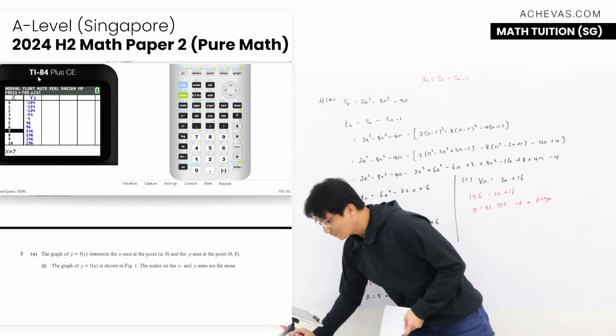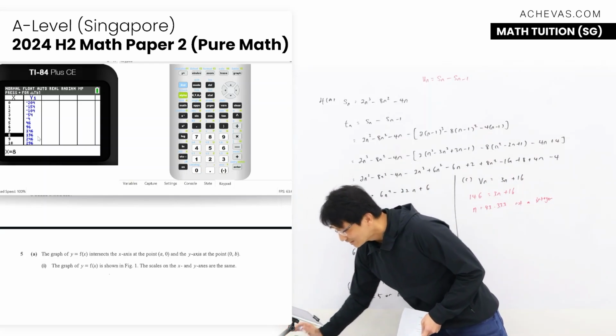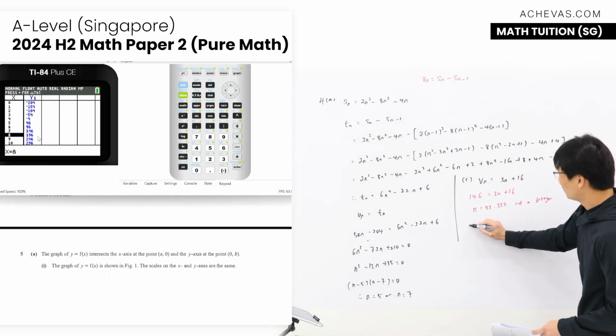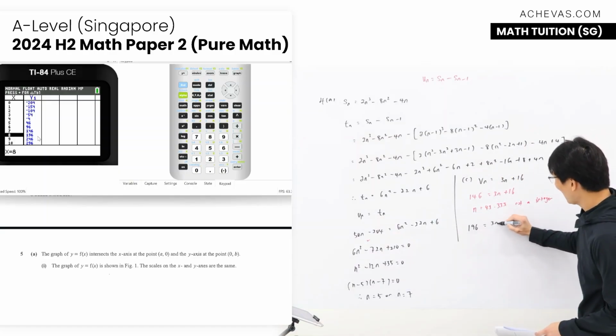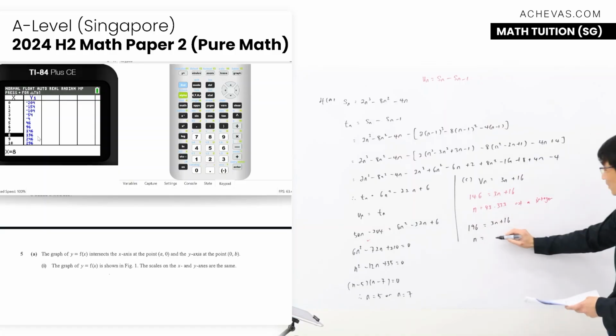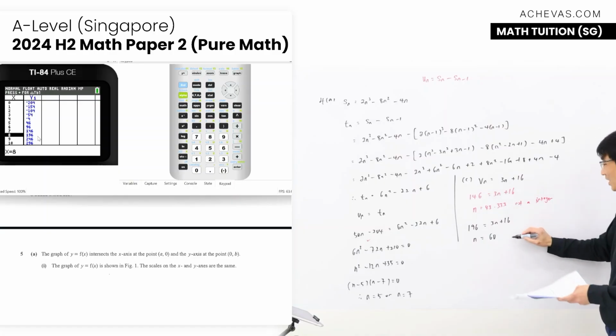Once this one fails, I'm going to go to the next value. The next value is 196. Same thing, I'm going to try. I sub in 196 into 3n plus 16, and this time around when you solve for the value of n, it gives me an integer.